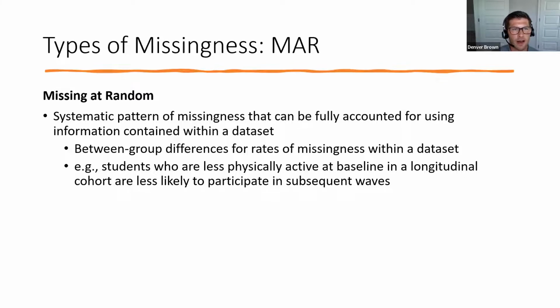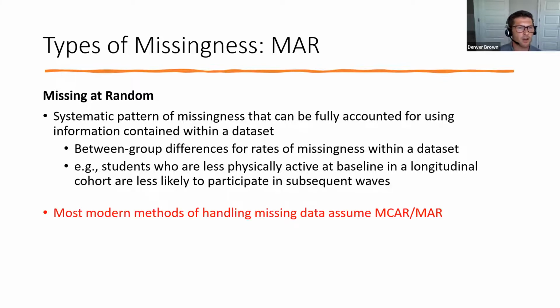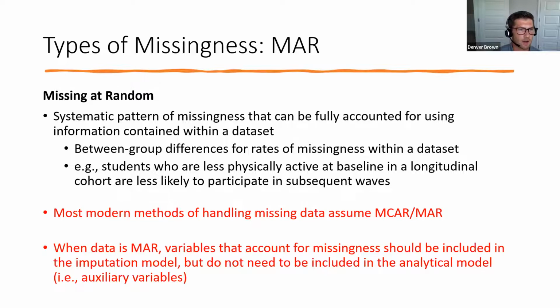One thing I will highlight, getting back to our types of missingness, is that most modern methods of handling missing data assume missing completely at random or missing at random. When data is missing at random, variables that account for missingness should be included in the imputation model. So if you're using the mice package in R, you're going to include variables that predict your independent variable as well as your dependent variable.